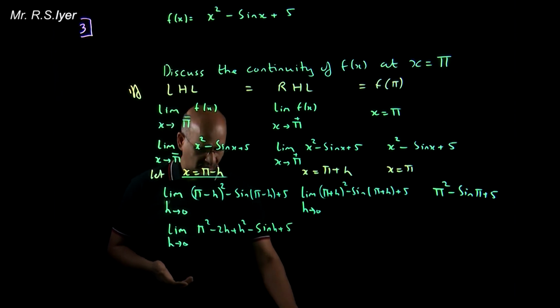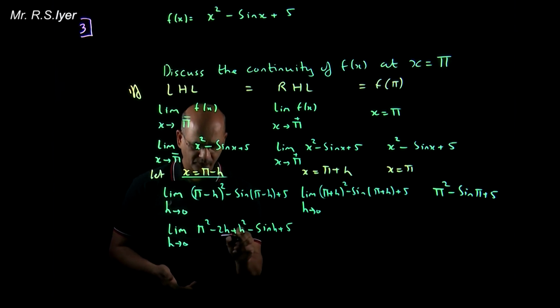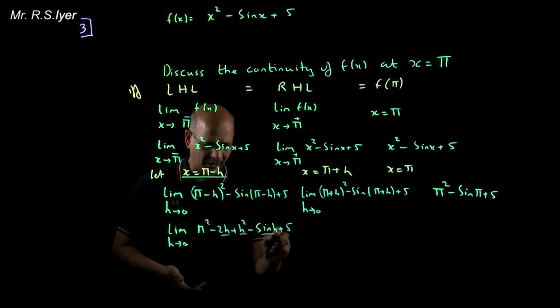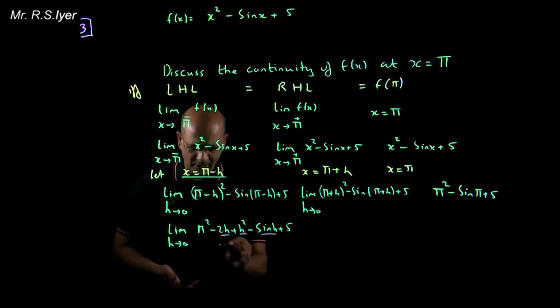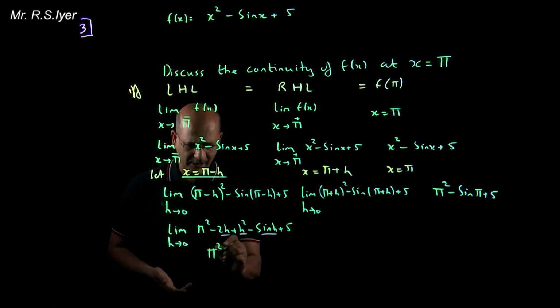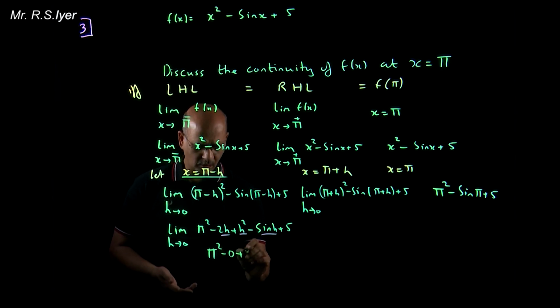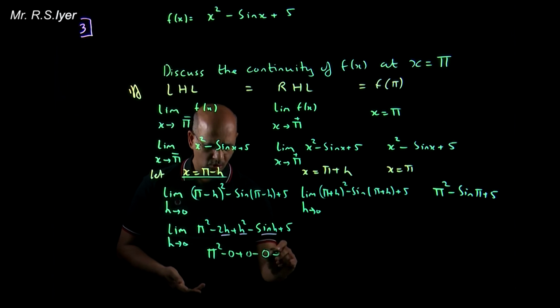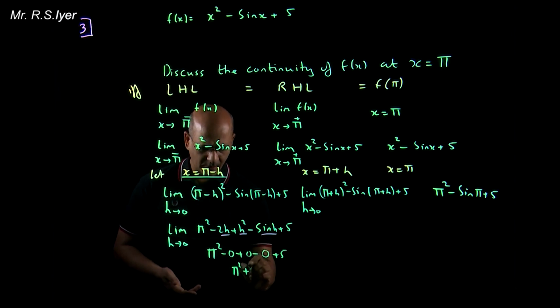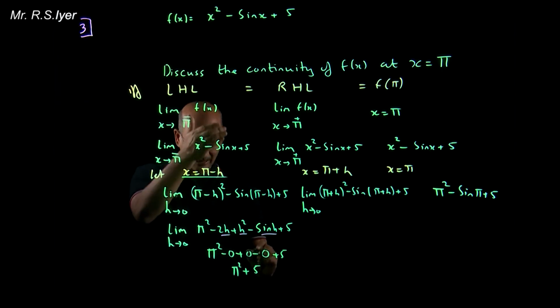So h is 0 in this case, so this will become 0. Sin 180 is also 0. So what is finally left in this case? It is nothing but pi square plus 0, 0, 0 plus 5. So it is pi square plus 5, my left hand limit.